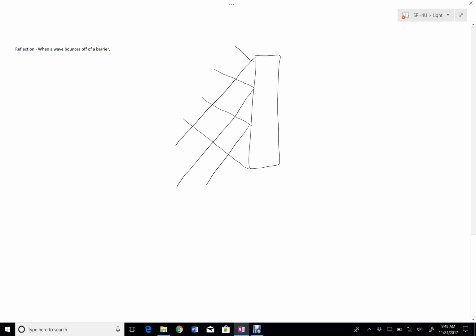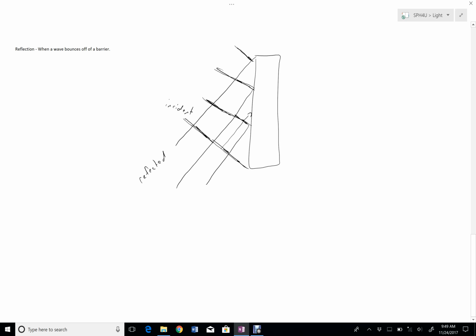So my initial waves come in, these three. Those are my incident waves. They hit the barrier, they bounce back off, and then they come back out. So these guys are incident. And these guys here are the reflected ones.